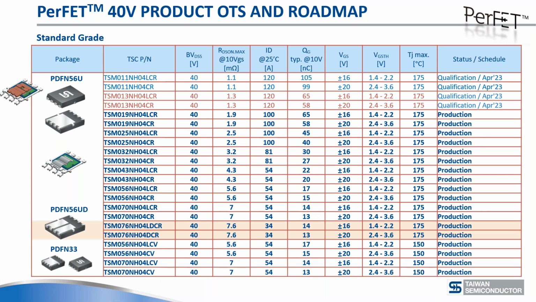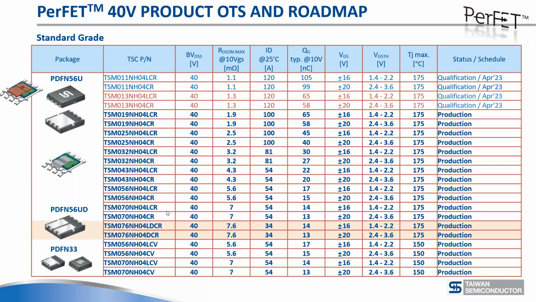We have in production PDFN 5x6, side wettable flank package, from 1.9 to 7 milliohm in both standard level and logic level with a different VGS, and the junction temperature is 175 degrees C. Those are the key parameters that we can show you. We also have the dual version in production, and we have the PDFN version also in production. So those are in production for about 1 year now.